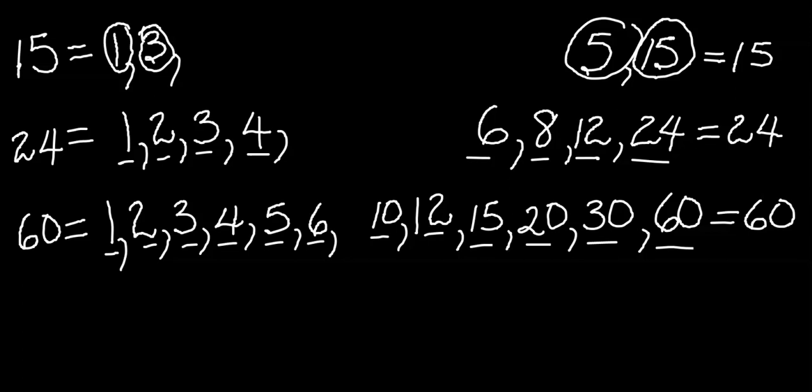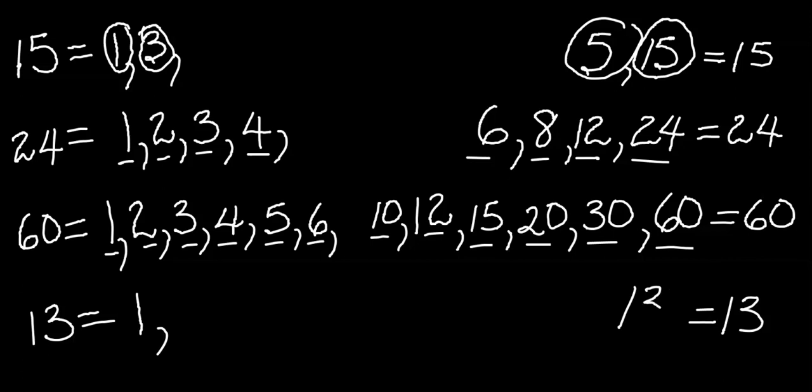Now there are some special numbers. For example, the number 13. And if you try to find the factors of 13, you will realize the first factor of 13 as usual is 1. The next factor is 13.